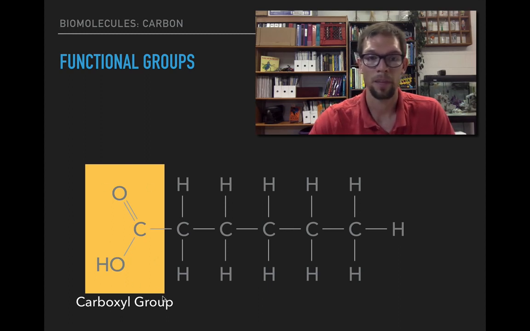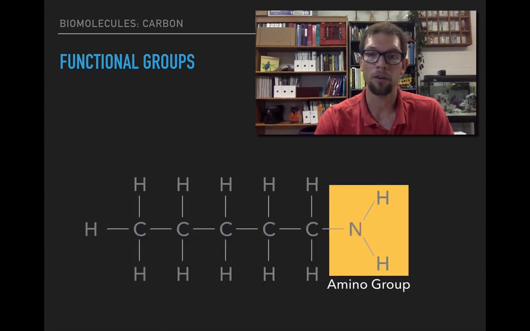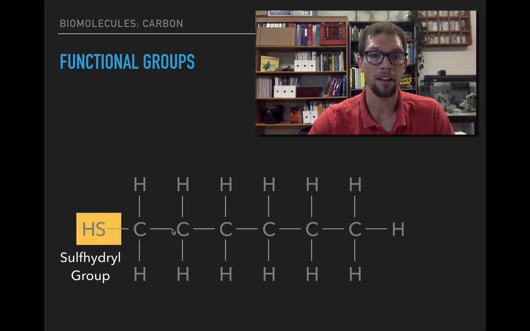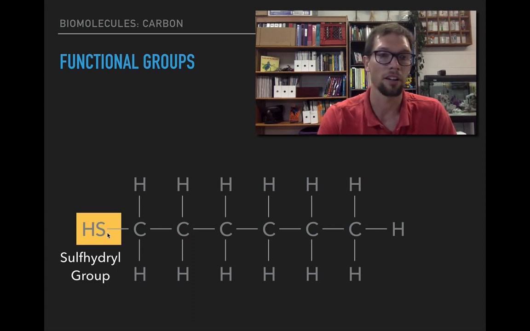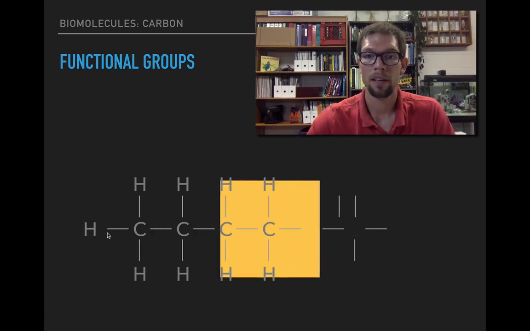The carboxyl group and this next group, the amino group, are going to be important players when we get to the amino acids. So this is a nitrogen with some hydrogens coming off from it. You can also, instead of an oxygen, have a sulfur in here. So you can have this as a sulfhydryl group. This is also another important player in a specific amino acid, which we'll talk about in the next video.